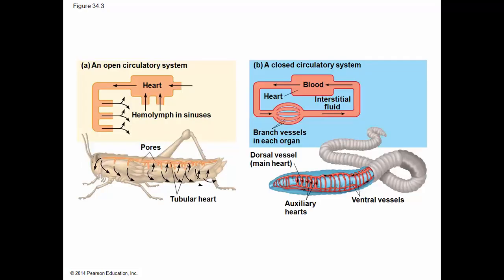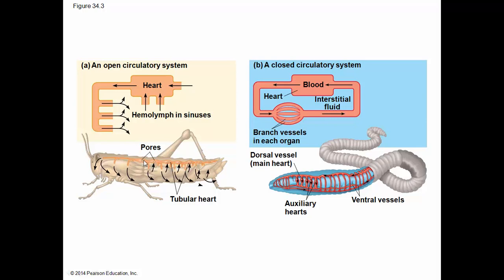So here on the left we have a grasshopper, and it shows an open circulatory system of an insect, of an arthropod. Here it's got pores that are open to the atmosphere. This is where the organism breathes in oxygen and exhales carbon dioxide.